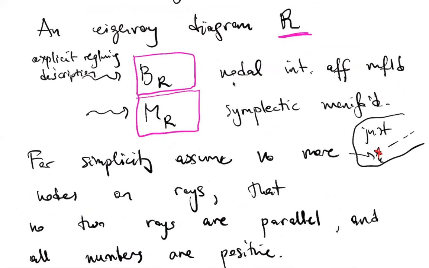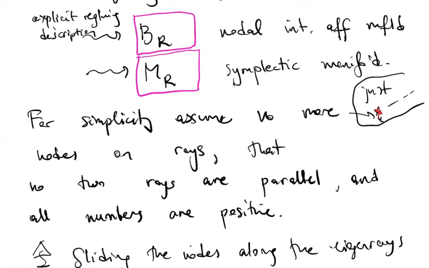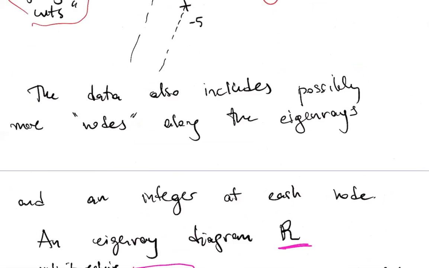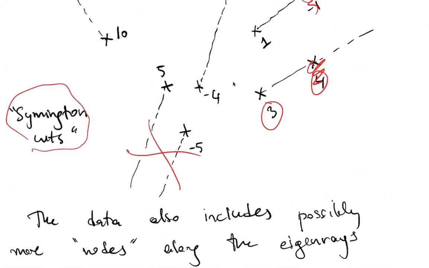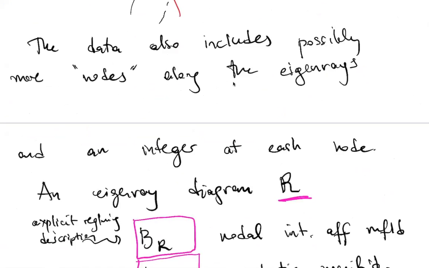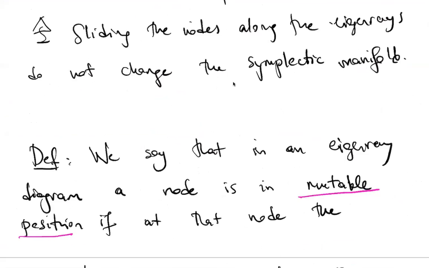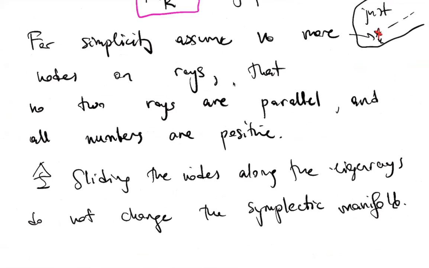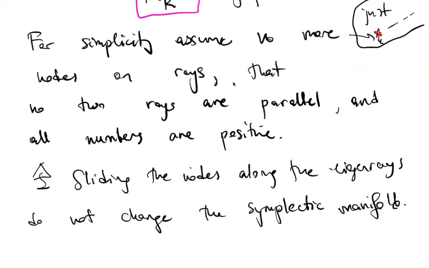I also will not allow rays to be parallel to each other, so for every direction I have just one ray. And finally, I will also assume that all the numbers are positive. So I will not allow negative k's.